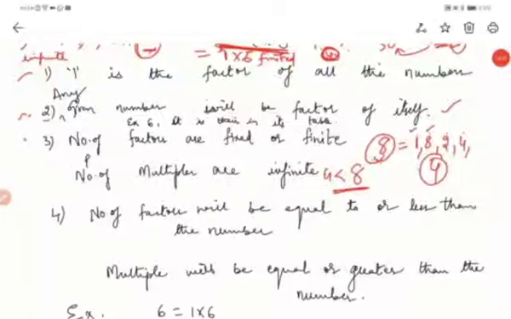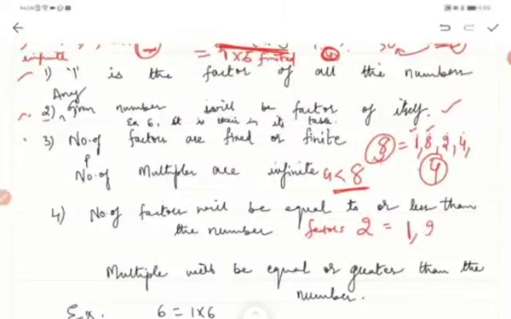Now if I take the example of 2, what are the factors of 2? Factors of 2 would be 1 and 2, isn't it? You have only 2 factors for the number 2. So here the number of factors is equal to the number.